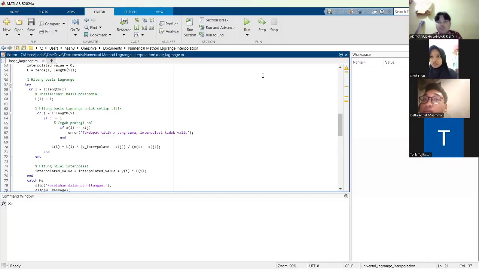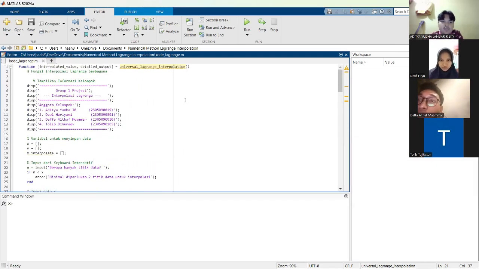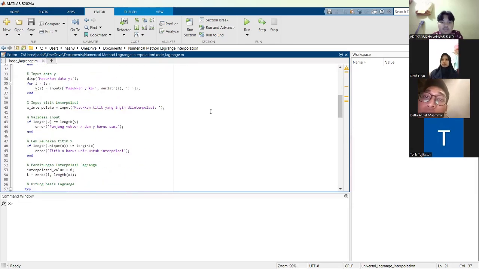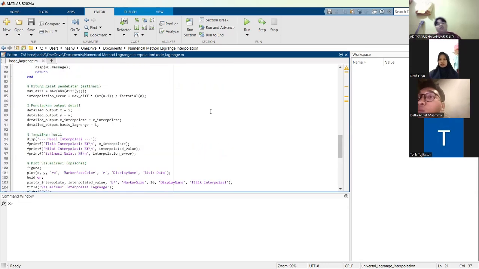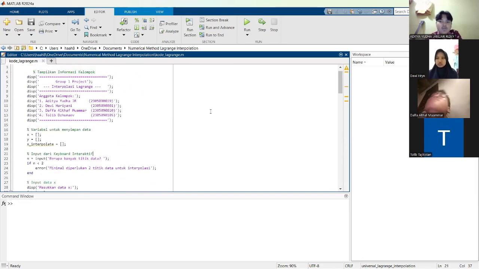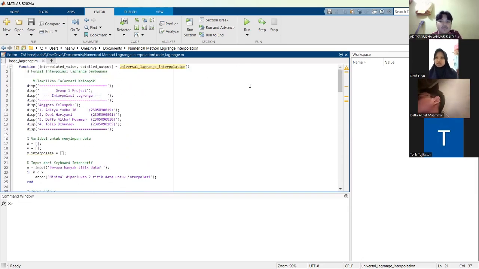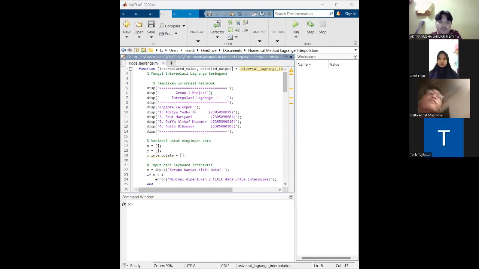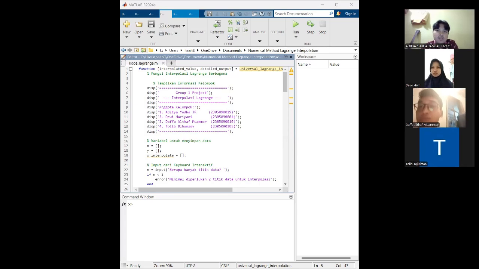As you can see on this page, we already designed the code for this method, and before we explain the code one by one, we will try if it works or not.